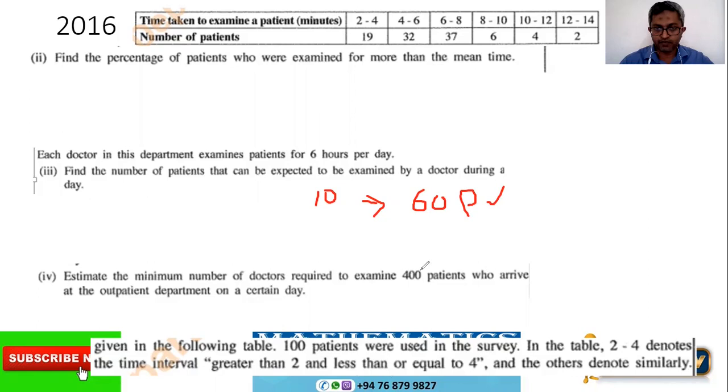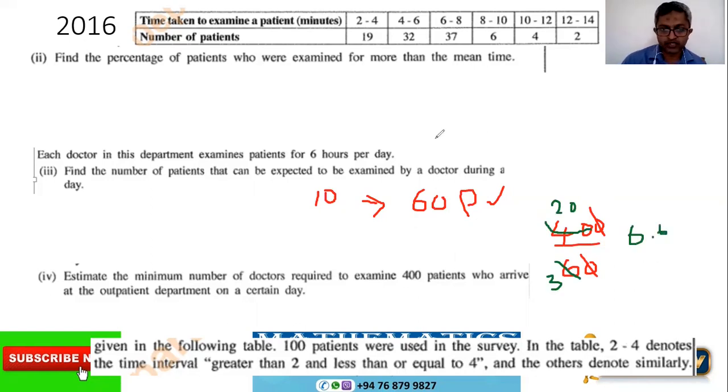Now we have 400 patients, and one doctor can treat 60 patients per day. So 400 divided by 60 comes to 6.6.